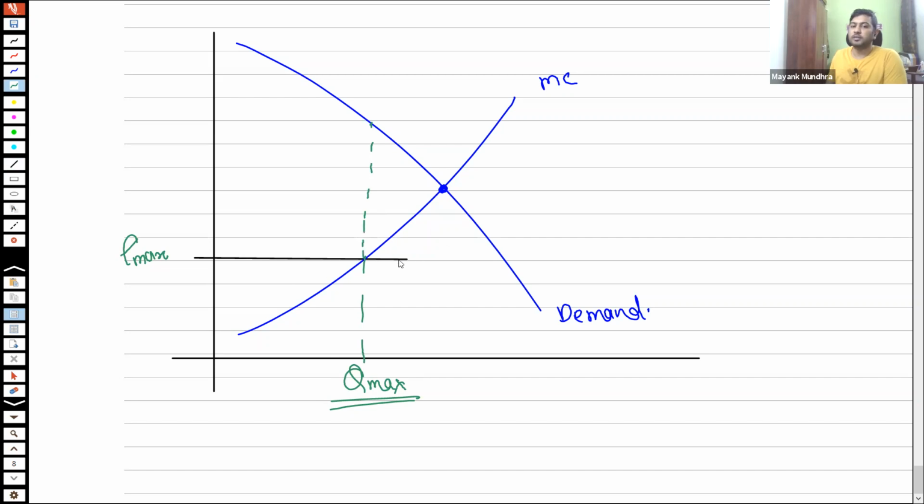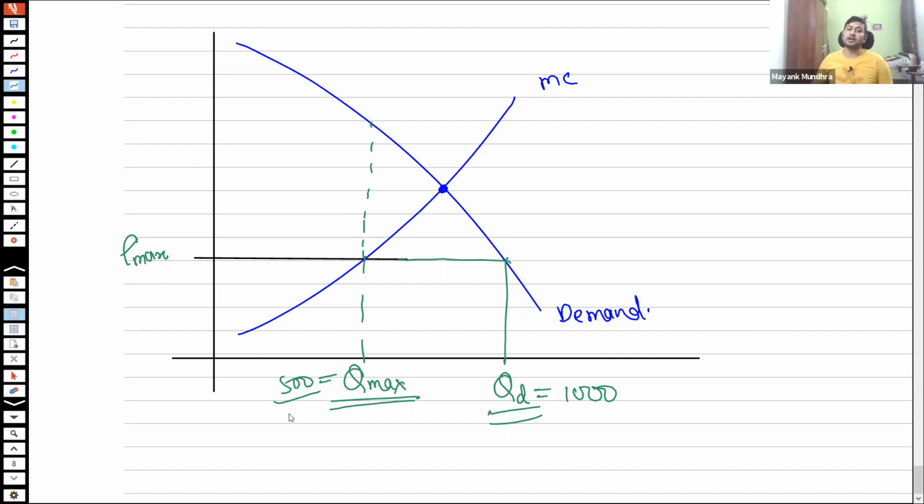Now the total demand at P-max is this much. So total demand is, let's say, 1,000, but total supply is only 500. So the government has artificially kept the prices low, because of which the amount which suppliers are willing to supply is less, but the demand is huge.